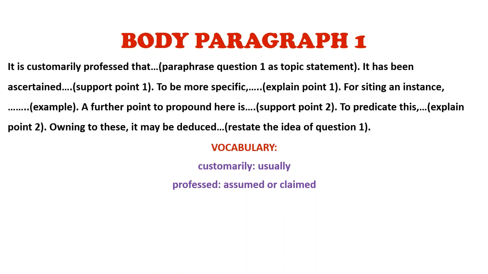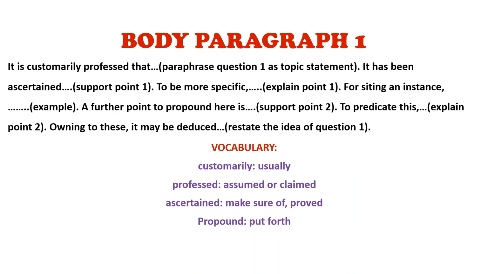Once you have paraphrased in your introduction, one more time you are going to paraphrase it. So you need to have lots of paraphrasing and restating techniques in a double question, because you have to use them again and again. Then, it has been ascertained. Now I'm going to give my first support point. So, it has been ascertained, and then your support point, how you think it is going to change in future.